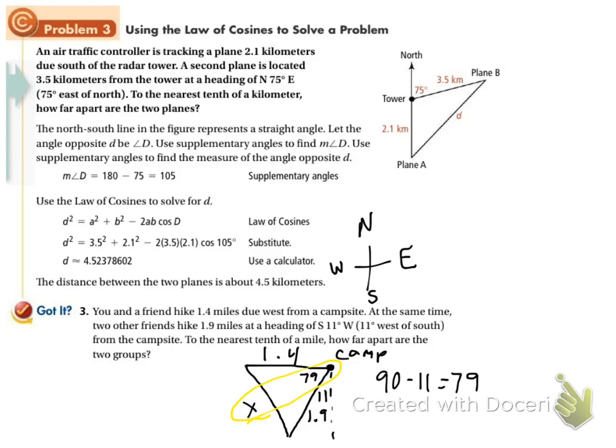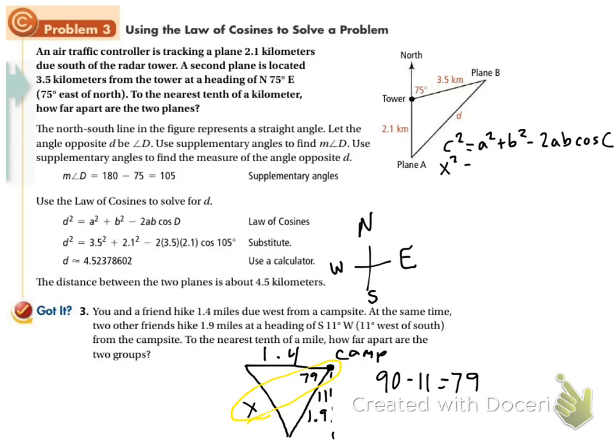So we'll work up here. C squared is equal to A squared plus B squared minus 2AB cosine C. So I'm going to plug in x for my c over here.